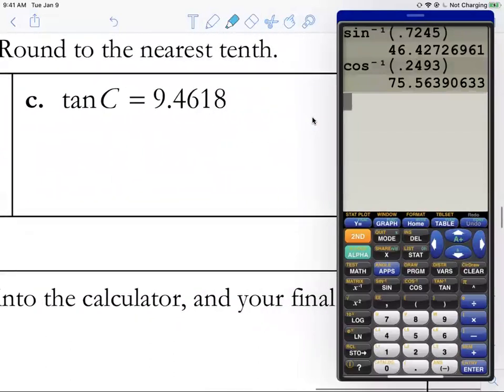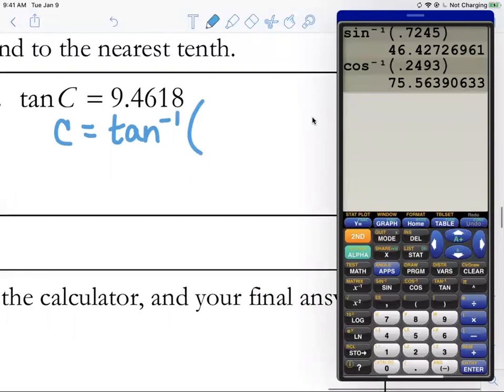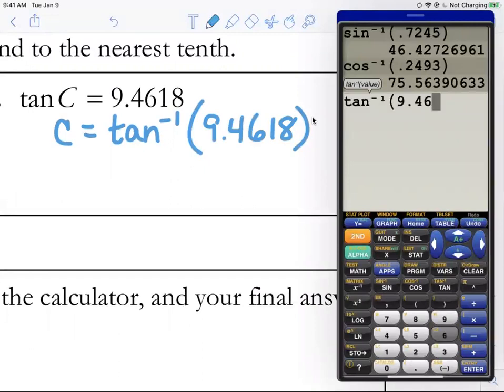Okay, the last one, we have an angle whose tangent is 9.4618. So our angle is the inverse tangent. We're going backwards, so we're undoing tangent by doing inverse tangent of 9.4618.